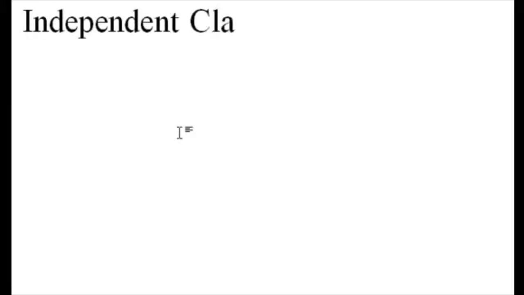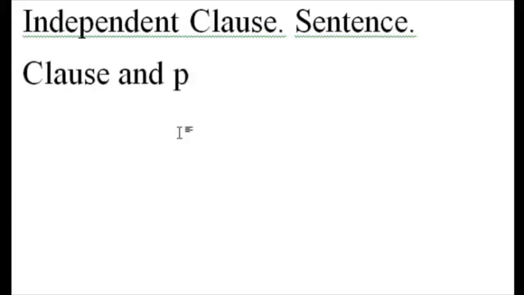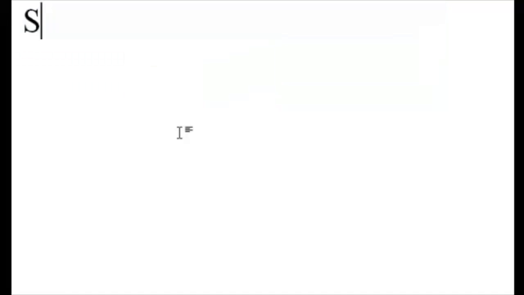So what is IC? IC is basically independent clause, right? An independent clause is simply a sentence. But you have to know what the difference between a clause and a phrase is first before you can actually get into it. So the difference between a clause and a phrase, which can easily be confused, is that a clause has a subject and a verb, right?